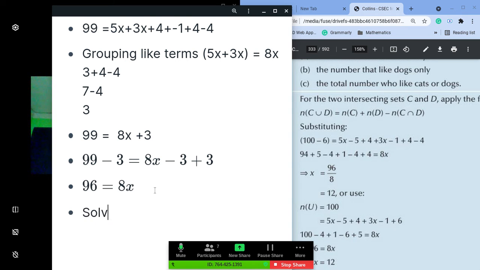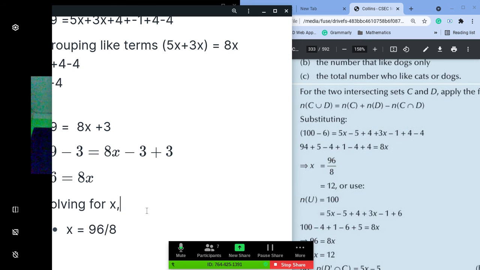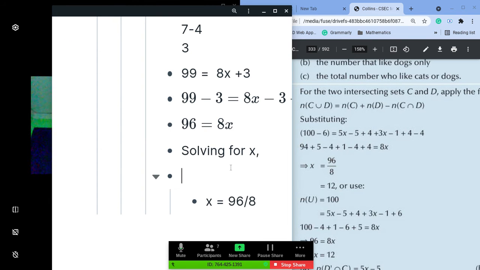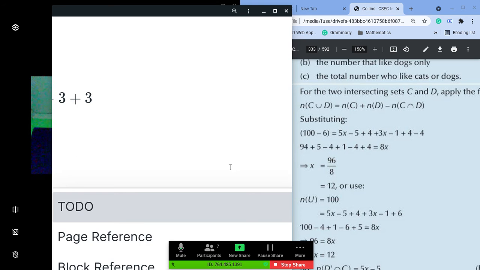So we're going to put solving for x, and we're going to divide both sides by 8, which is just getting x is equal to 96 divided by 8. Or you could have said 8x divided by 8 is equal to 96 divided by that same 8.